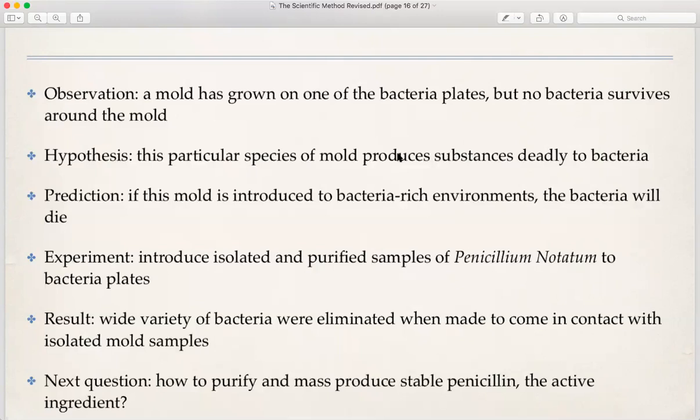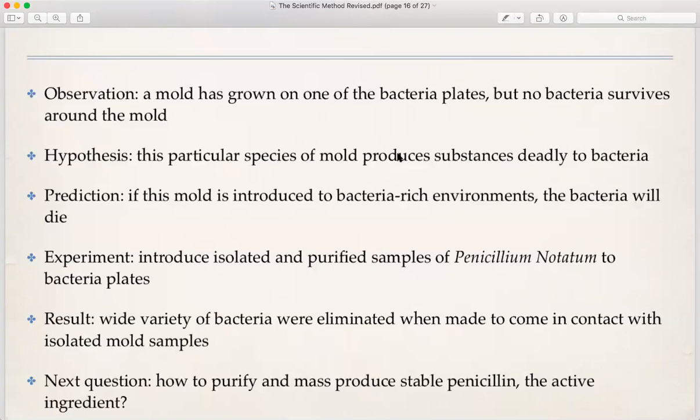And so his guess was that this particular species of mold produces substances that are deadly to bacteria. And again, to me, this highlights another key point of what a researcher has to be, which is curious and observant. I'm sure that many of us, if we came back home and saw that something we had carefully worked on had grown mold, we'd just be angry and throw it out.